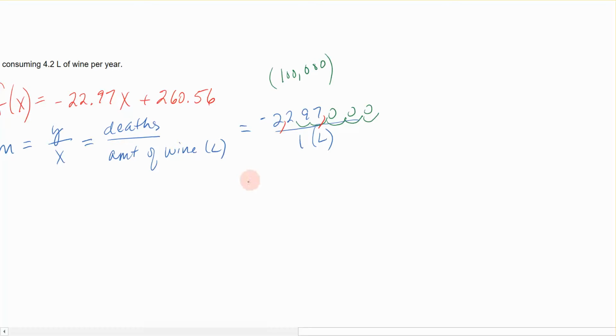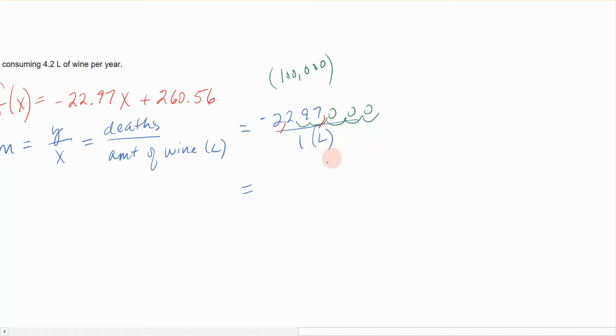So what do I have? If I were to interpret the slope, I would say that each year deaths by heart disease decrease by 2,297,000 for every liter of wine consumed.